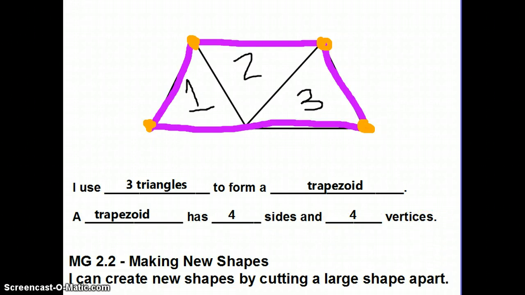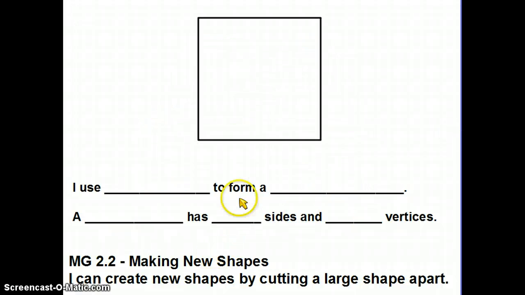Okay, let's go ahead and do another example. Still working on I can create new shapes by cutting a larger shape apart. So this is my square. I'm going to use the square to make smaller shapes. I can use one line to form two triangles.